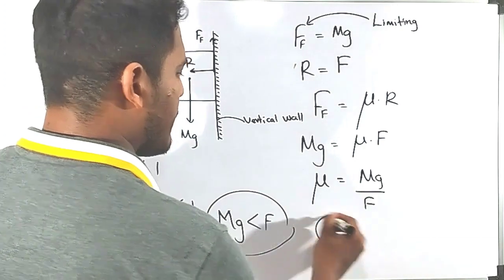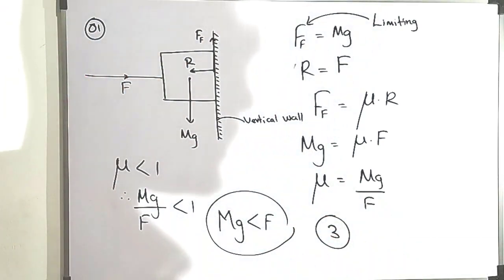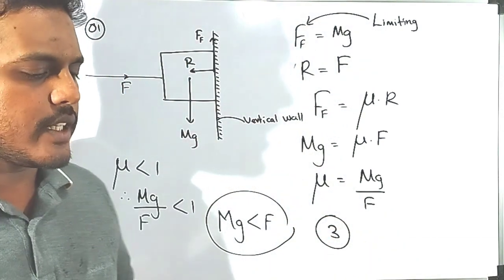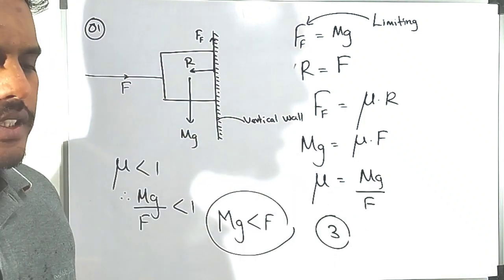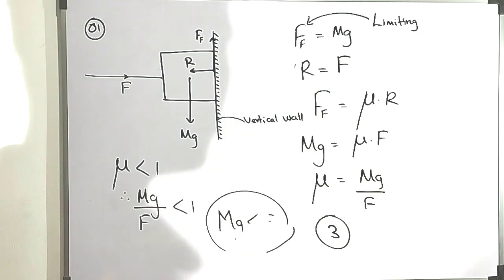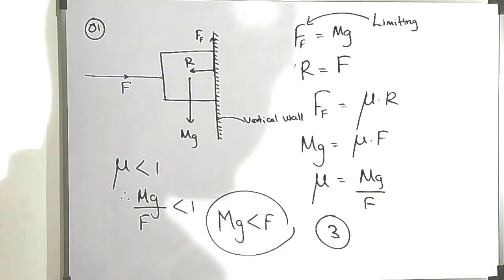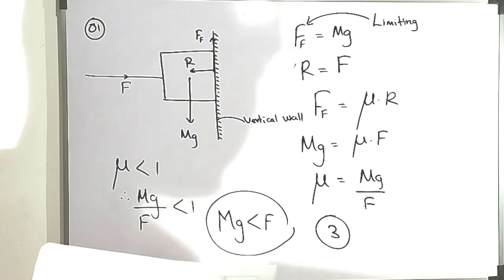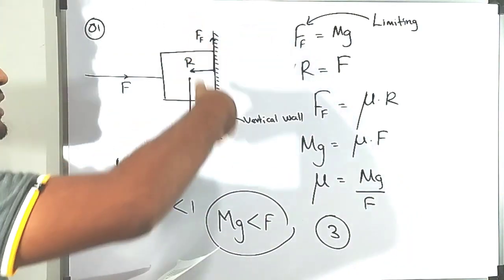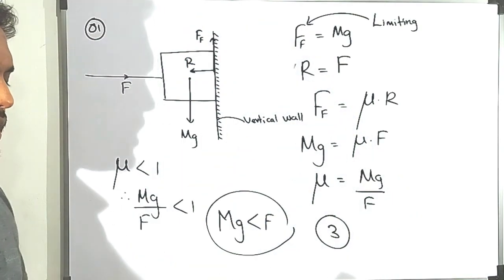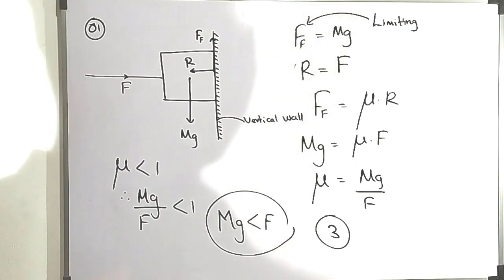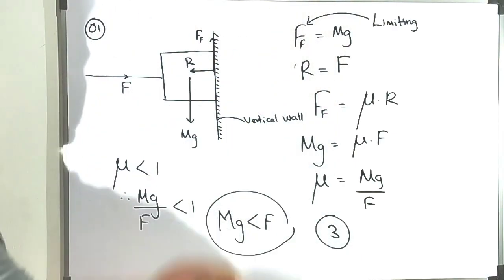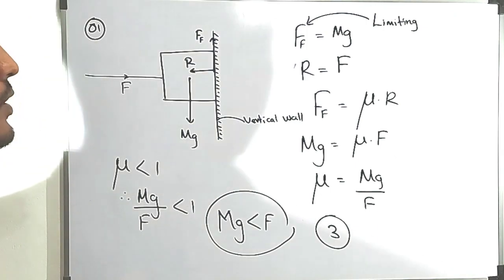The applied horizontal force should be greater than the weight of the object. If the wall is smooth, then the object cannot be maintained in equilibrium.